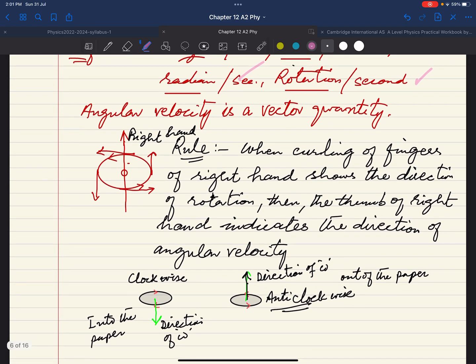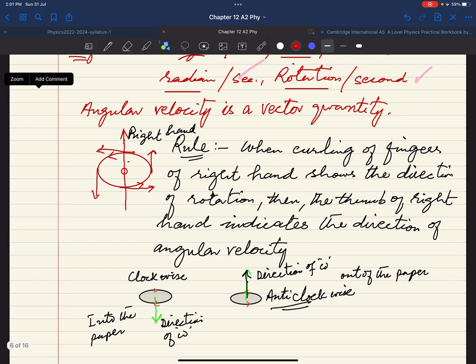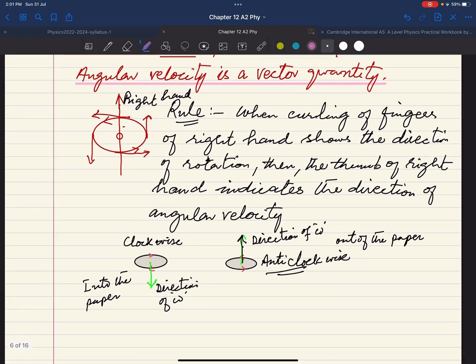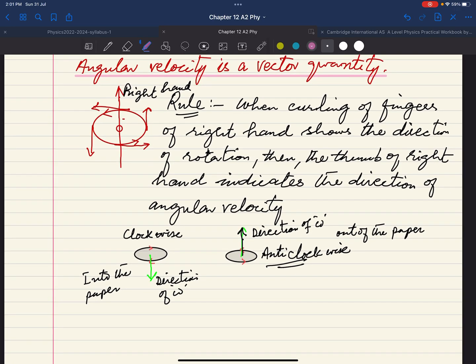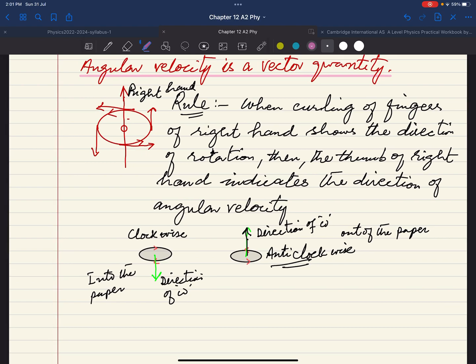Of course, you know that velocity is a vector quantity, so angular velocity is also a vector quantity. It's important but not necessary to remember, but I think if you remember, it will be a good thing, that you should know how you will find the direction of the angular velocity omega.